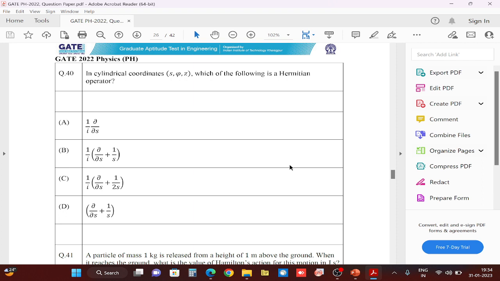Yes, that's the thing, so I want to apply this here. It is given in your options as an integration. If I convert into integration, then phi 2, 1 by i ∂/∂s, phi 1, and the integral will be over the volume. What's the volume element in cylindrical? That is s ds dφ dz, right?